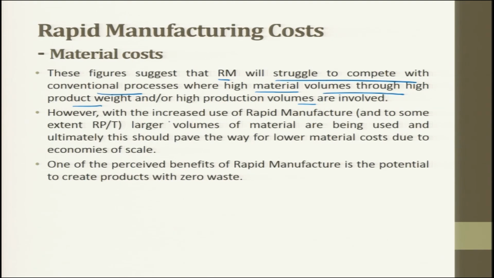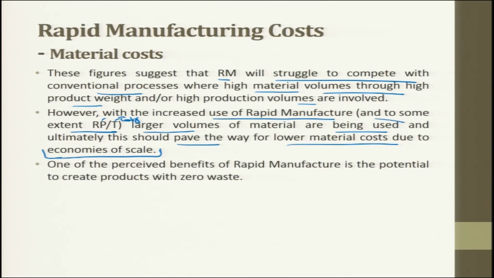With the increased use of rapid manufacture, and to some extent rapid prototyping and rapid tooling, larger volumes of material are being used, and ultimately this should pave the way for lower material costs due to economies of scale. This is what I just discussed.